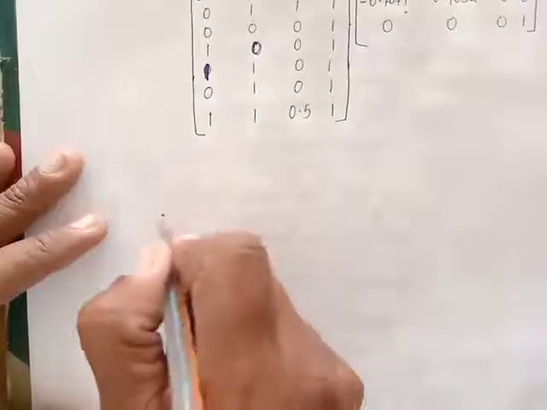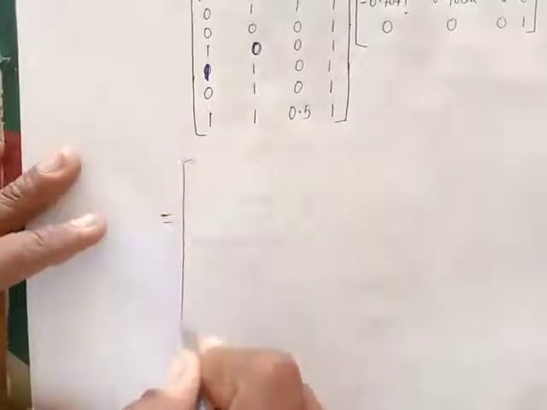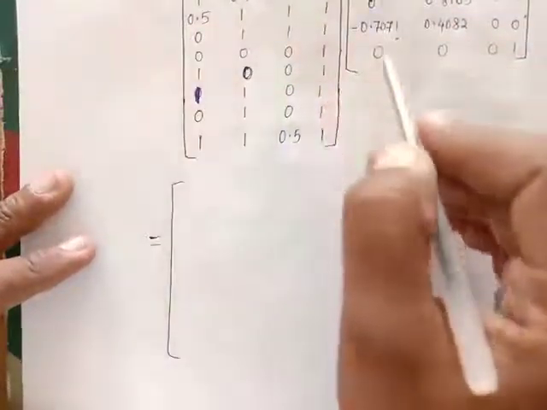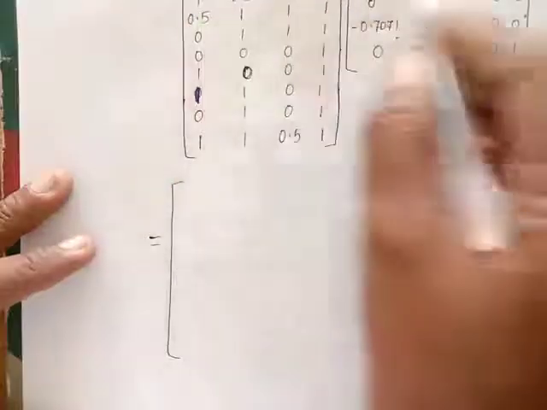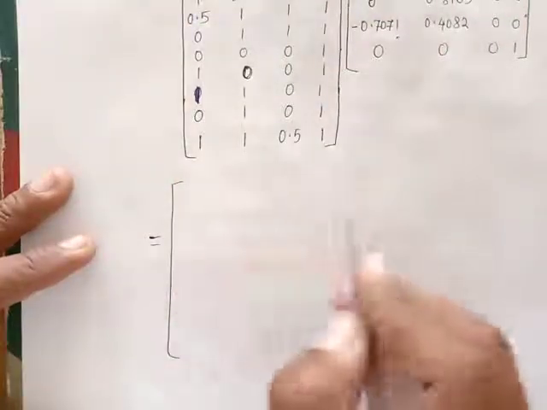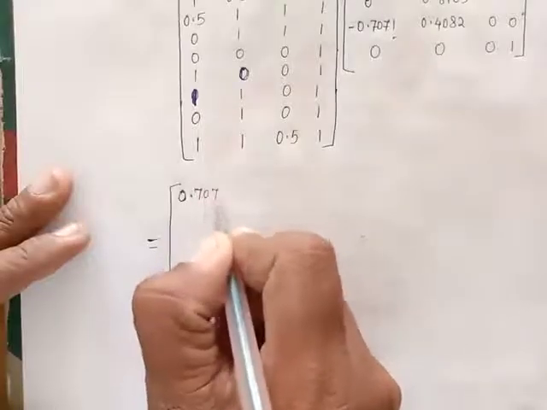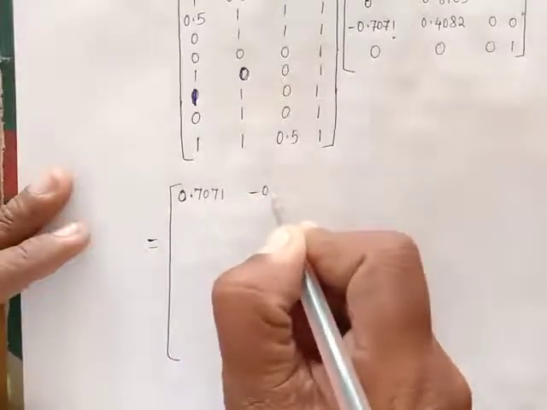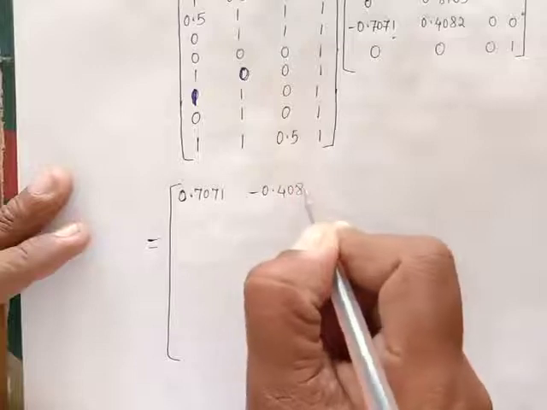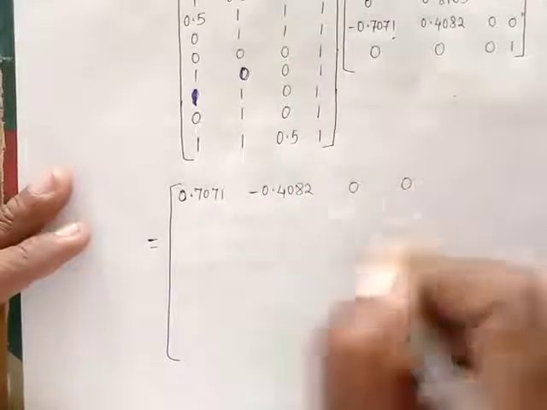Now I'll write it directly. You can do it on your own. You can do first row first column, first row second column, first row third, as it is. These entries, row-wise entries, you can obtain. This is 0.7071, minus 0.4082, 0, 0.